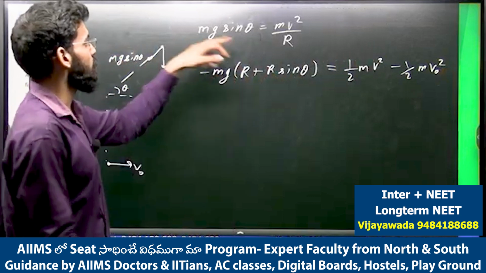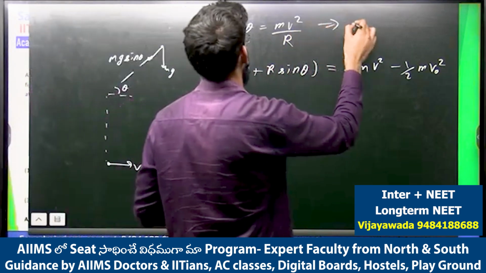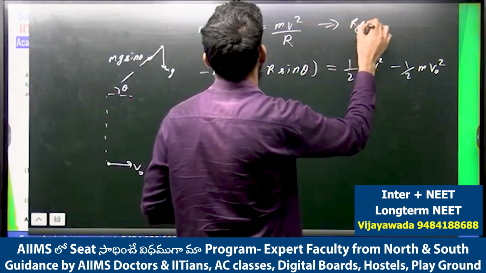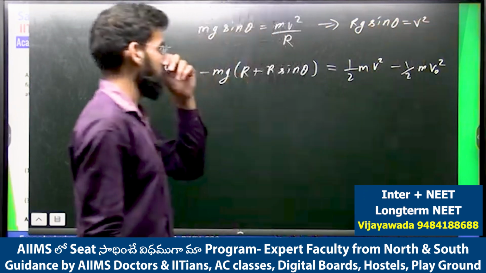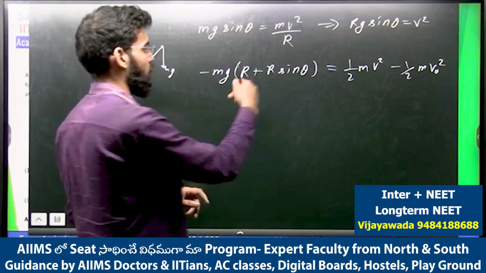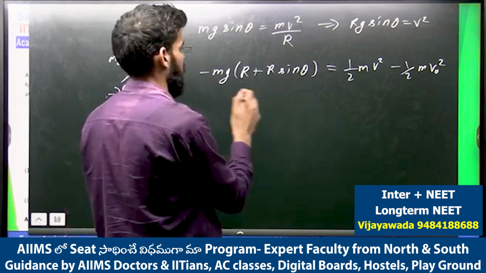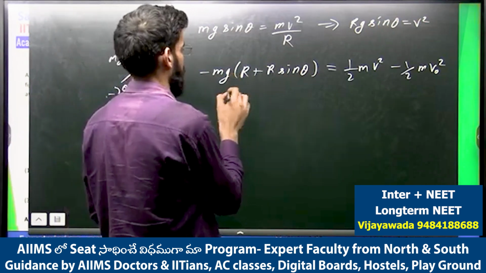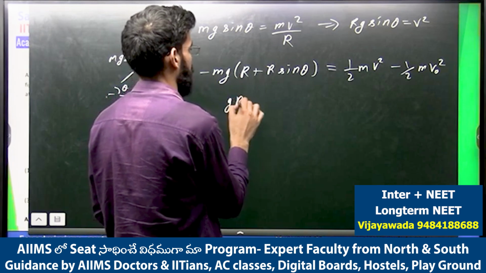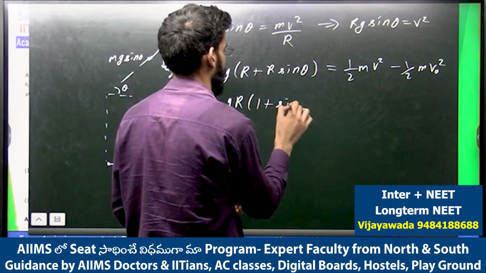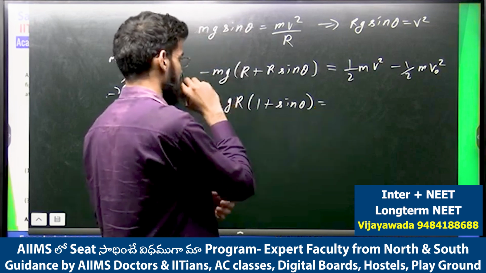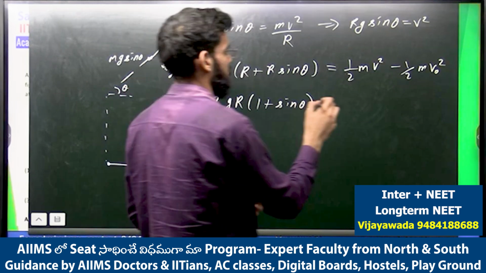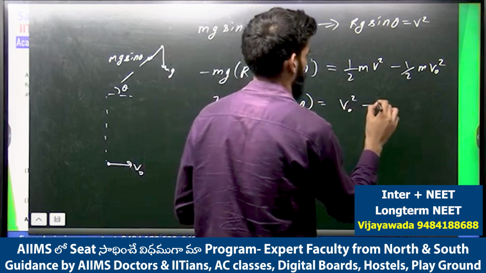So m got cancelled out. First of all, from here you can say rg sin theta is equal to v square. And from here, m got cancelled out. Take the negative to that side, so you can say g R (1 plus sin theta) is equal to half of (v naught square minus v square).